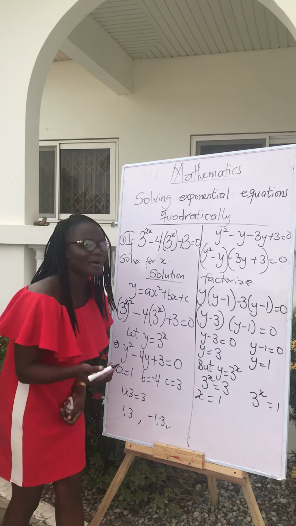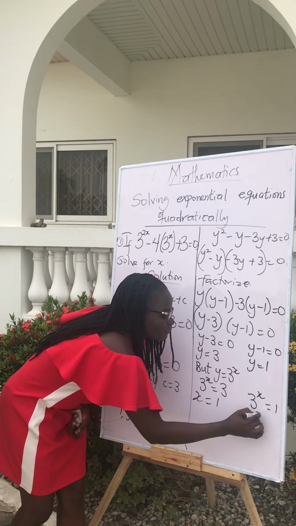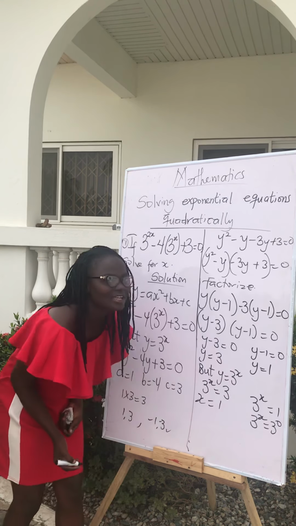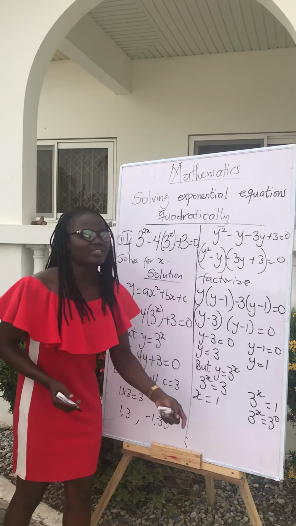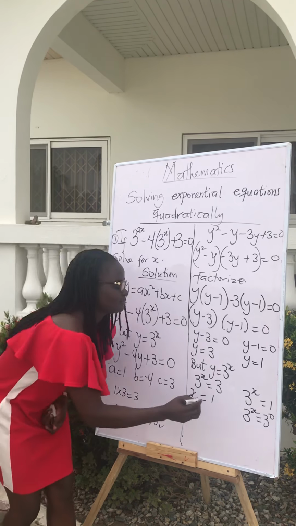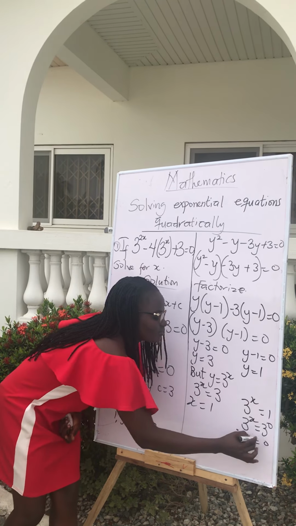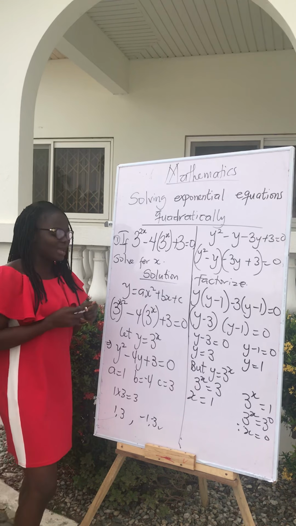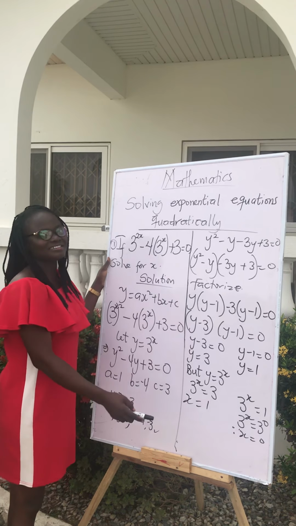So in likewise manner, it becomes 3 exponent x equals 3 exponent 0. Great. Since the bases are the same, we drop the bases and equate the exponents. Therefore, we have our x values as 1 and 0.